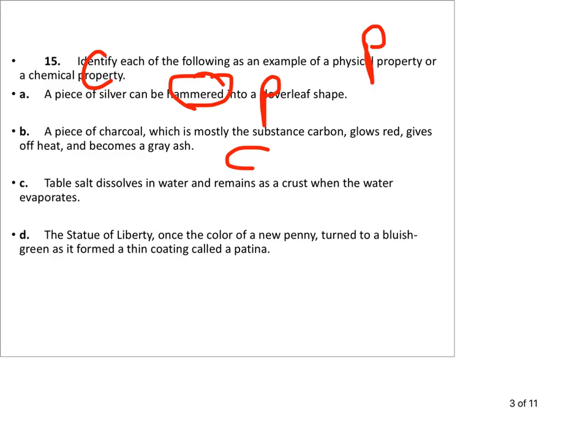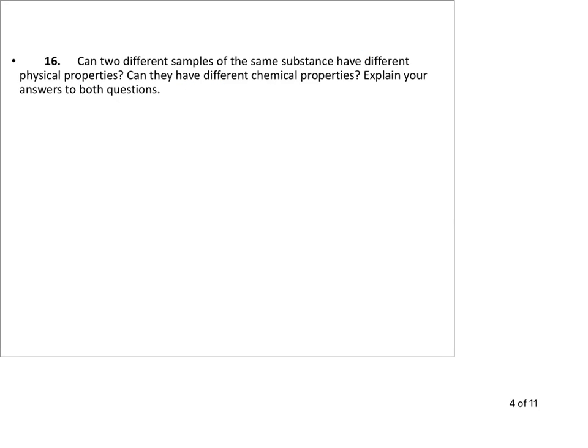Table salt dissolves in water, and remains when the water evaporates. We've got a physical property there. And the Statue of Liberty, once the color of a new penny, turned to a bluish green as it formed a thin coating called a patina. That's another chemical property. So make sure you can recognize physical and chemical properties.